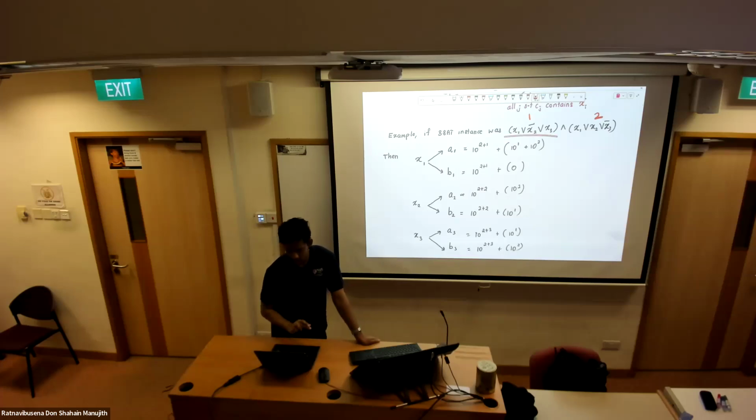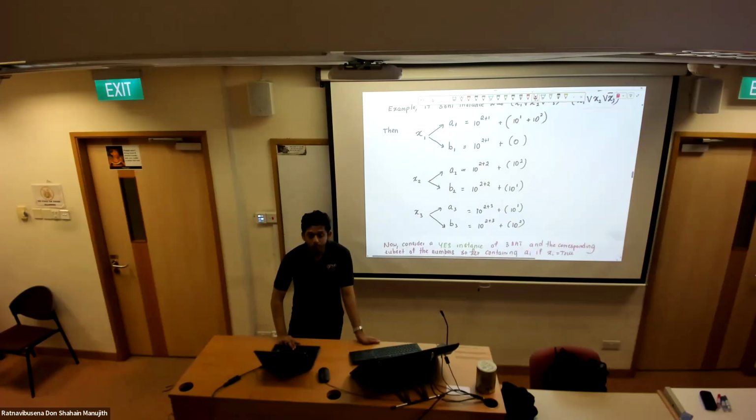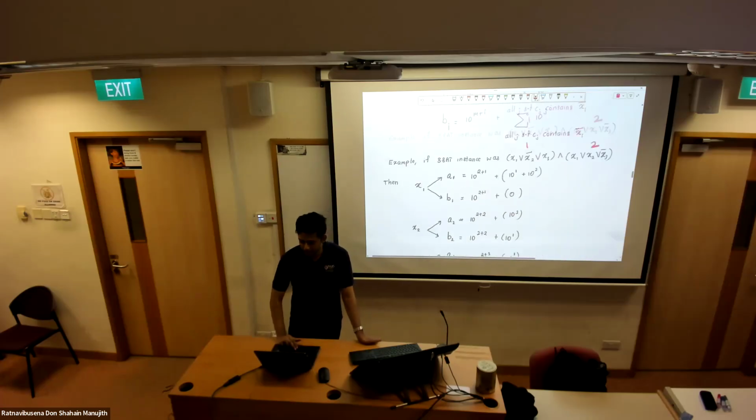In this case, only the first clause contains x3, so you add 10 to the 1. For B3, you go over every clause that contains x3 bar, which is only the second clause, and you add 10 to the 2. So very easy. Is that okay so far?